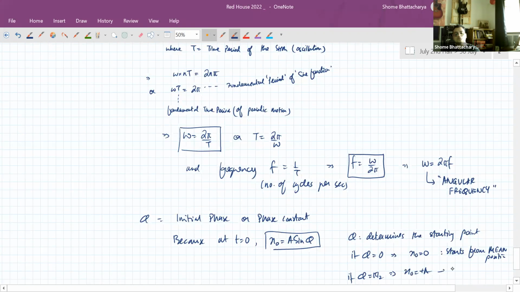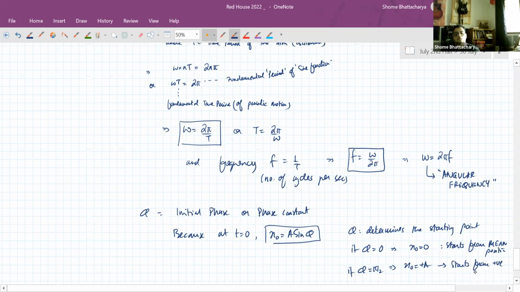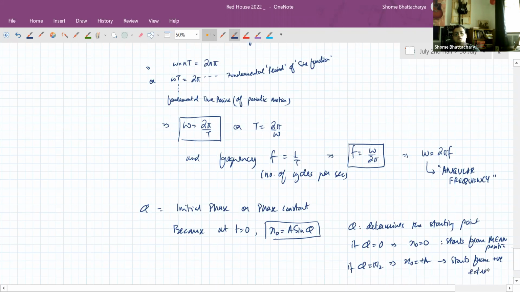So it starts from the positive extreme. Okay. And like that, we'll see more general cases next time. So this is just the introductory basics into simple harmonic motion and understanding all the terms in the general equation of SHM. So we'll carry it forward from this point onwards next time.